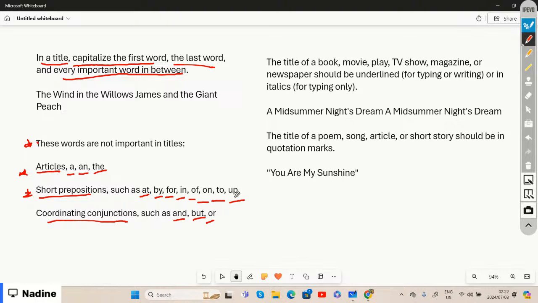So words that are not important within a title are articles, a, an, and the, short prepositions like at, by, for, in, of, on, to, up, and coordinating conjunctions, which are and, but, or.